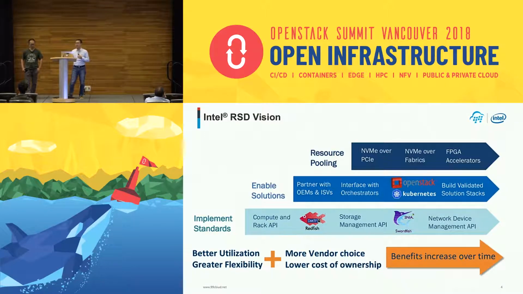We implemented the RSD library in Ironic so that we can use Ironic to manage all those RSD servers. And we can also use Horizon to talk with the RSD library to manage all those RSD compatible hardware. Many OEMs implement RSD standards, such as Quanta, Inspur, Huawei, and many others.